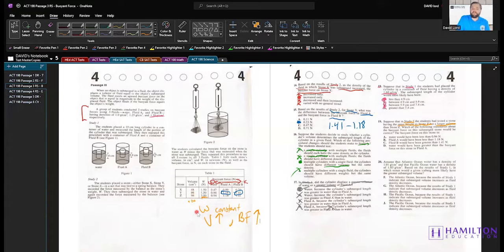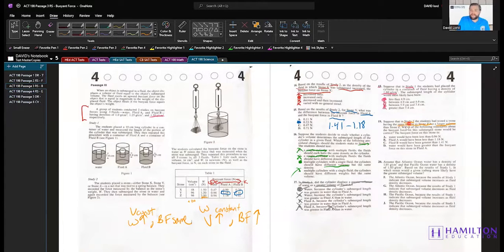Well, let's see what happens if we keep the same volume, but change the weight. Nothing happened here. So it seems like weight changing does not have any effect on the buoyant force. So volume constant, and then weight goes up, the buoyant force is the same.